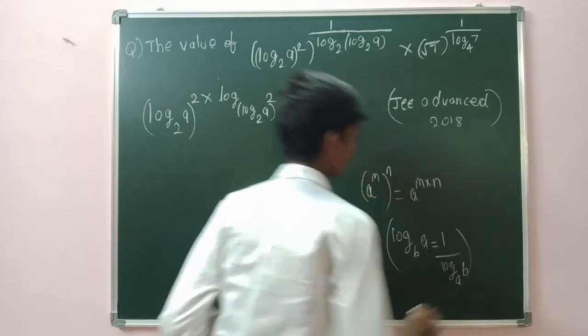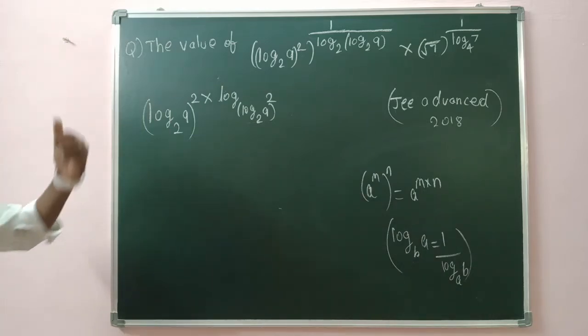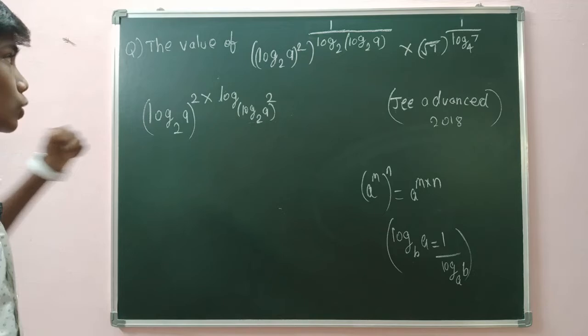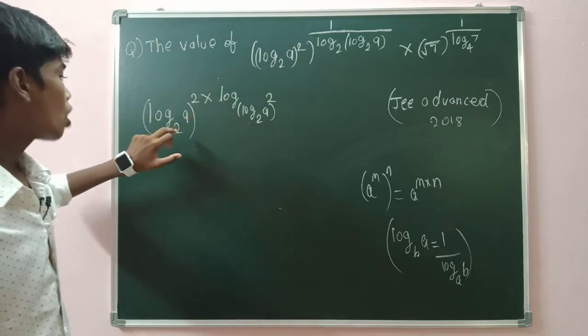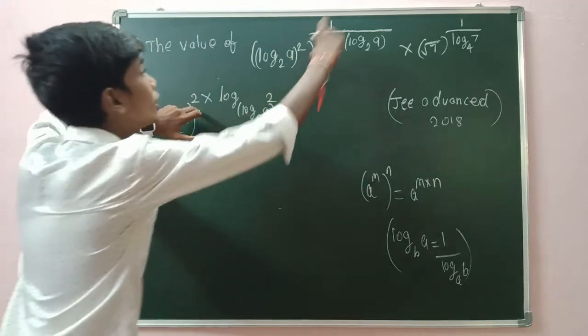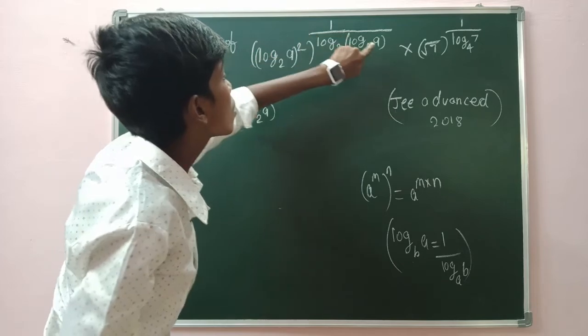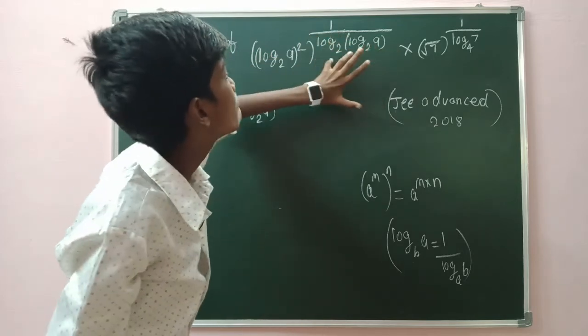Using this property I am doing it. You can interchange your inside value and your base. So here I am having log of 9 to the base 2, whole power of 2, this 2 into this expression. This expression I am just writing as 1 by log to the base 2 of 9 to the base 2.